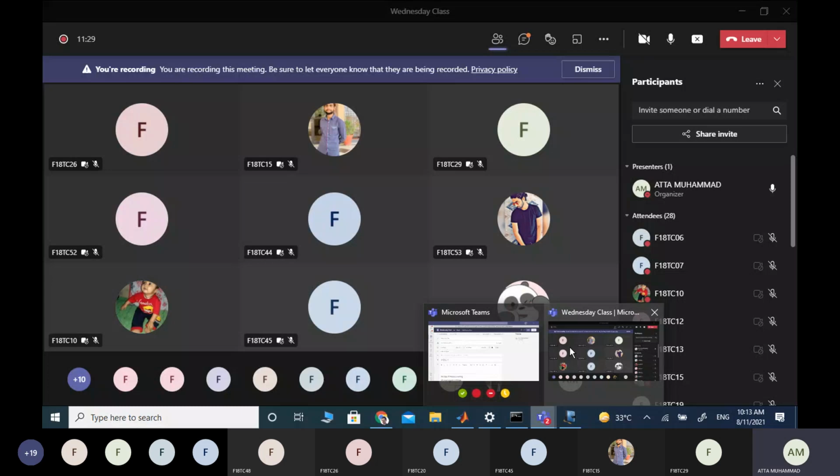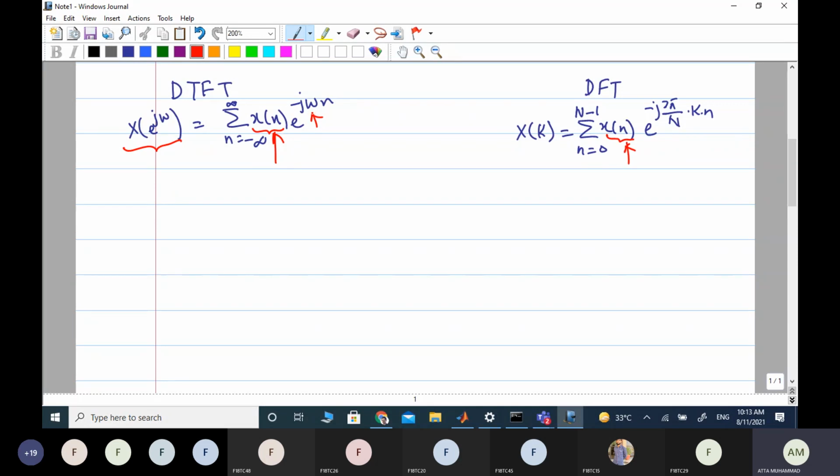Okay. So now we have an angular frequency here. If I draw a circle, now this is our omega, right? Omega is angular frequency, right? This is our angular frequency, and it starts from 0 and all the way up to 2 pi, right?